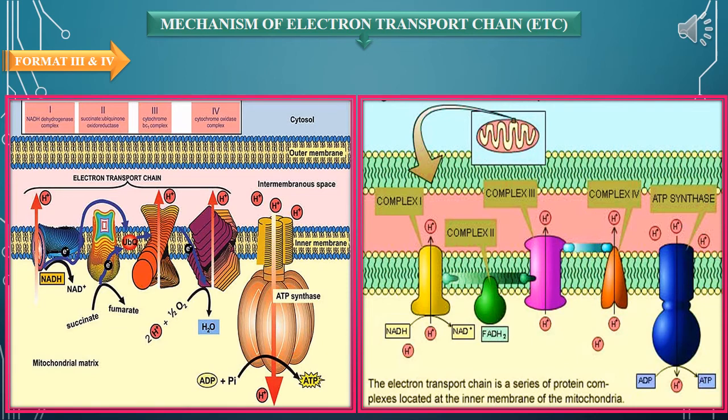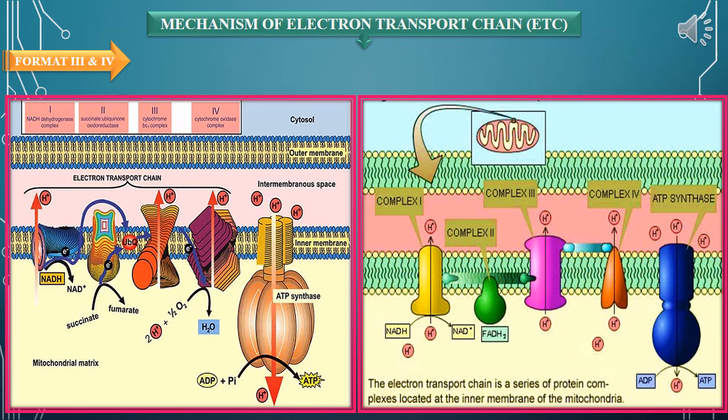Here are formats 3 and 4 for the mechanism of ETC, and these 2 diagrams represent mitochondria with the outer membrane, intermembrane space and inner membrane, and outside of the mitochondria you can find cytosol also. Where is ETC located here? You can see clearly it is in the inner membrane. Where is hydrogen ion released? In the intermembrane space, that is between the outer membrane and inner membrane.